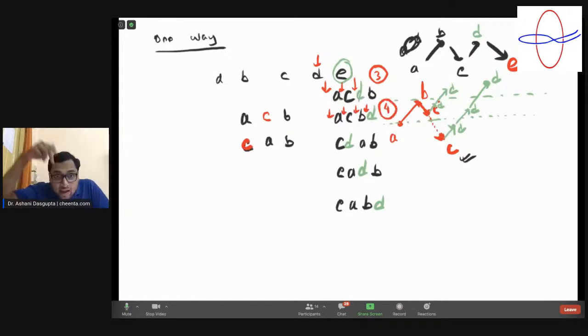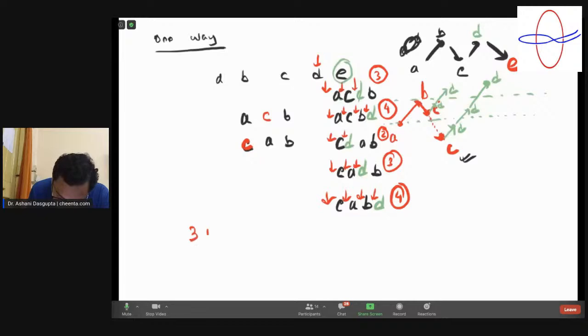Do you see how I am marking the gaps? We have 1, 2 positions here where E will be smaller than D, so this is okay. We have 1, 2, 3 positions here, and we have 1, 2, 3, 4 positions here.